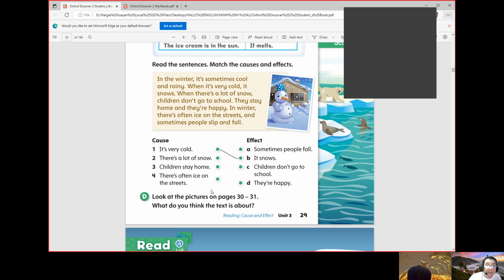But it can also be correct when we say there's a lot of snow, so sometimes people fall, right? Yes. We can also answer that one. But of course, in this particular passage that we read, this would be the correct one. There's often ice on the streets, and sometimes people fall, and there's a lot of snow, therefore children don't go to school.